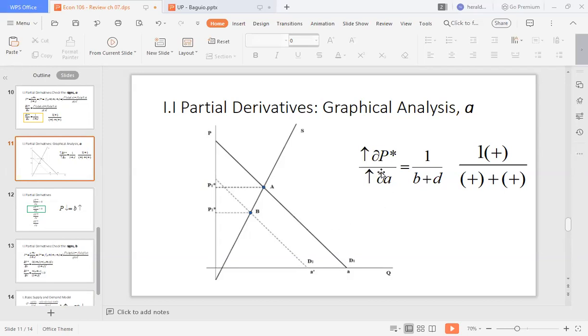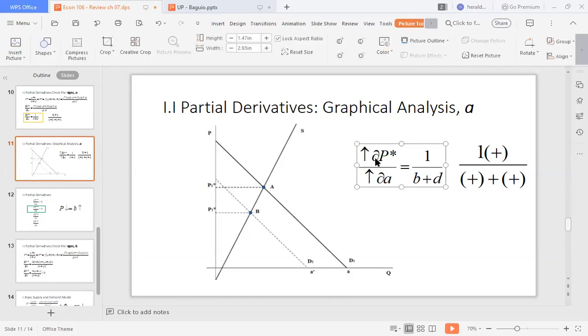And in that case, class, there was a decrease of A here, so we will just change our direction. There was a parallel shift to the left, indicating there was a decrease in the entire demand function. So in that case, there is a decrease in A.